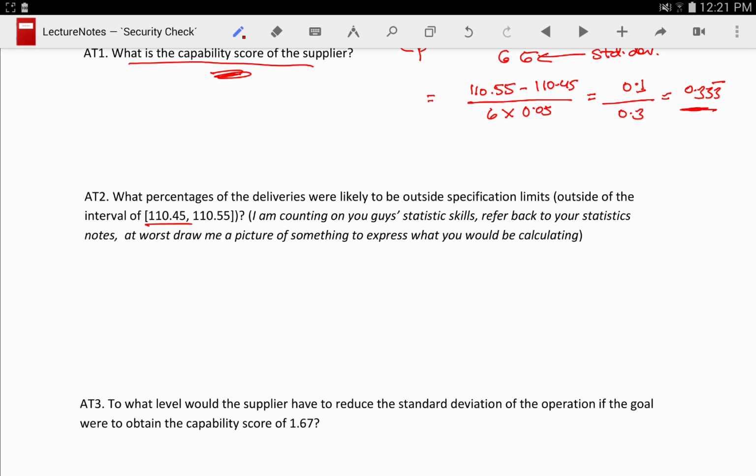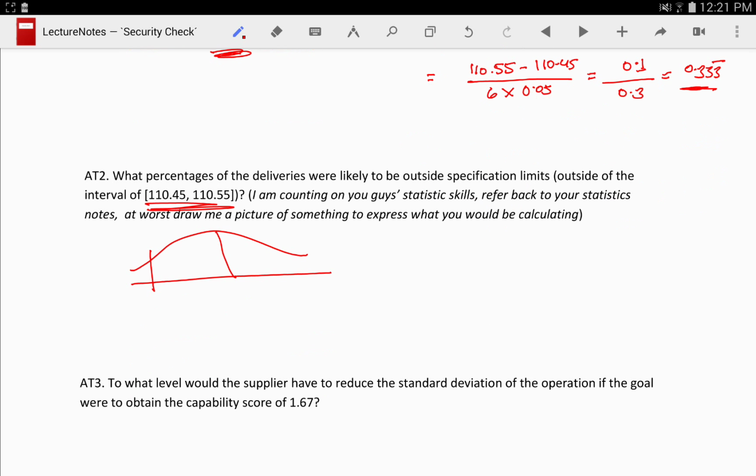Well, the next question is, what percentage of deliveries are likely to be outside the specification limits, outside of the interval? For this, we have to go to the previous chapter. The question is asking, assume this is a normal distribution and the mean is already given to you, that is 110.5. The lower limit is 110.45. The upper limit is 110.55.